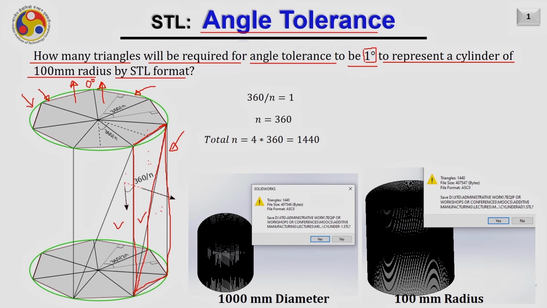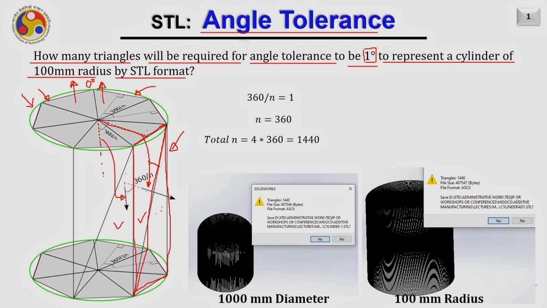The facet normal of this triangle can be represented by a line connecting the center line of this, and hence I am drawing the same vector here. In a very similar fashion, the facet normal of this triangle will be represented by this line on the top, and hence I am representing the same here.